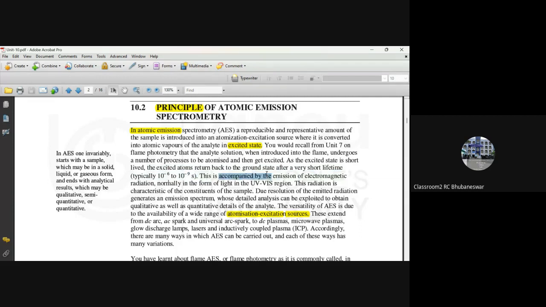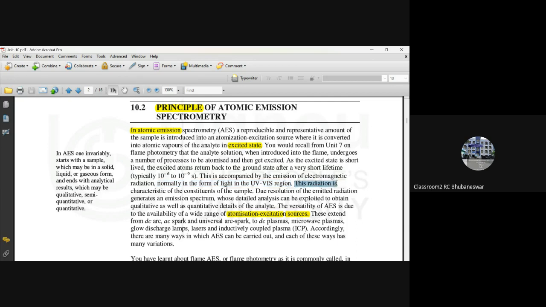This is accompanied by emission of electromagnetic radiation, normally in the form of light in the UV-visible region. We are dealing with emission and absorption concepts only within the UV-visible region, and there the Beer-Lambert law, the Franck-Condon principle and the Born-Oppenheimer approximation become applicable.